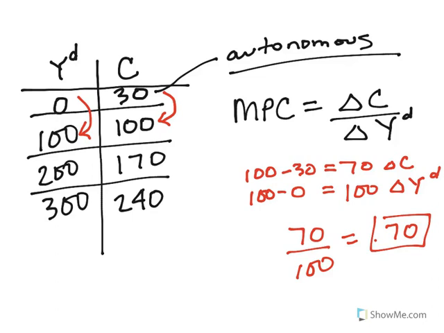And that's exactly what we're seeing here. In other words, every time my income was increasing by $100, when it went from 0 to 100 to 200 to 300, the additional consumption that was taking place was $70, which is equivalent of 70% of that $100 change in income.